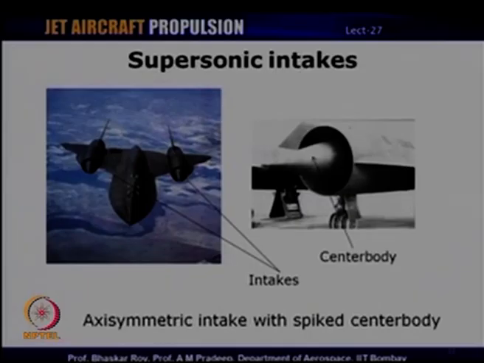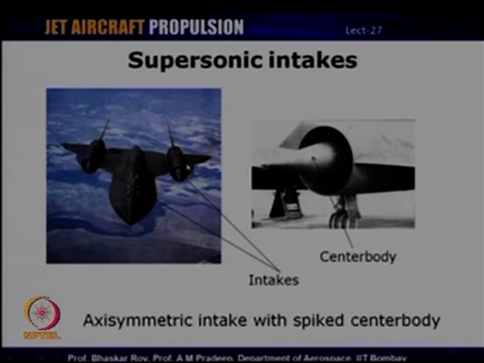Here we have an axisymmetric intake. This is an aircraft which was operational in probably the 70s. This was known as SR-71. It could operate at high supersonic Mach number of around Mach 3 or so. So, this aircraft had two engines with axisymmetric intakes.